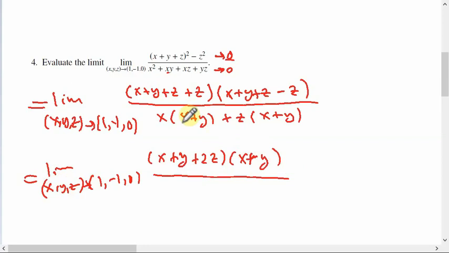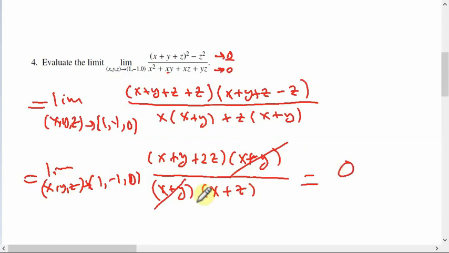And in the bottom, when I factor that x plus y out, I have left x plus z. And now I can just plug in my 1, -1, and 0 for my x, y, and z. Well, doing that here, I get 1 minus 1 plus 0. The top is going to go to 0 and the bottom is going to go to 1 plus 0. So the bottom's going to be 1, so that limit does turn out to be 0.